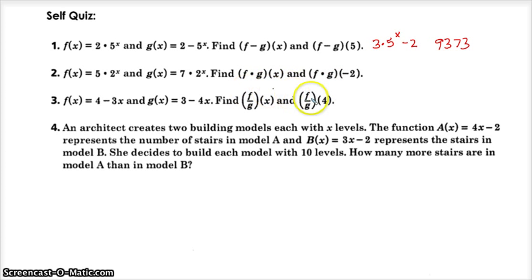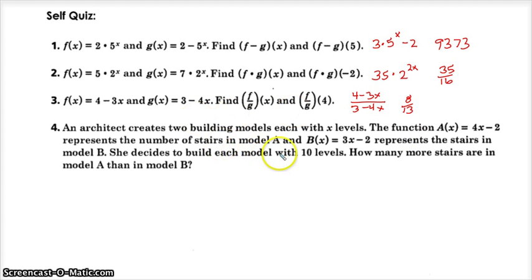For question number 2, when I multiply my two functions, I should be left with 35 times 2 to the 2x. Remember, I add those exponents. And then when I plug in negative 2, I should be left with 35 over 16. In question number 3, dividing my functions, I should have 4 minus 3x over 3 minus 4x. And then when I plug in 4, I should get 8 over 13.